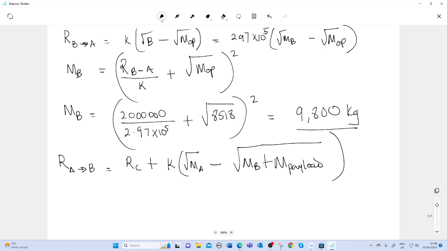Now to find our MA, it becomes the range of A to B over the K constant plus the root of MB plus the mass of the payload.